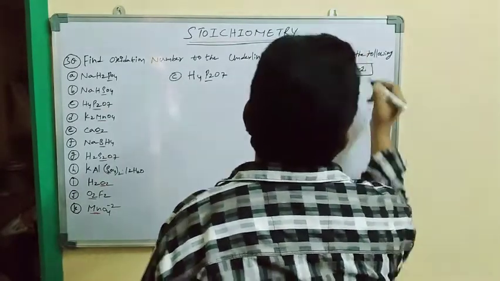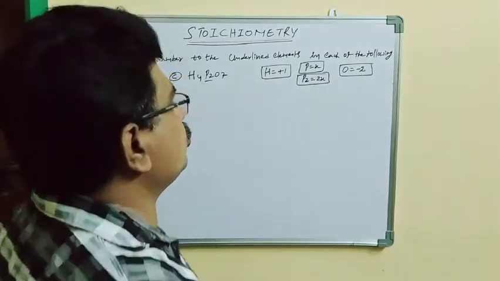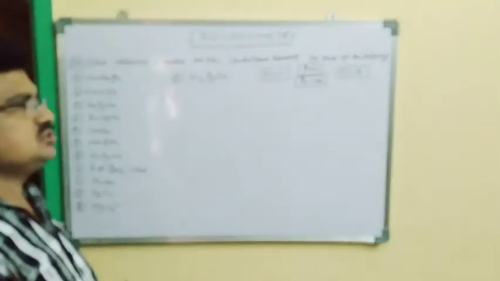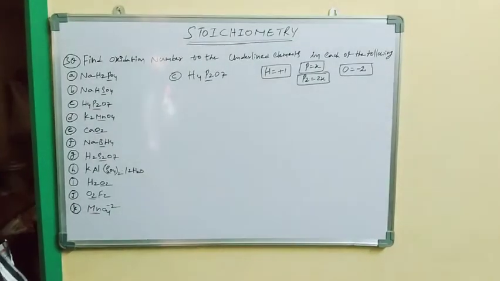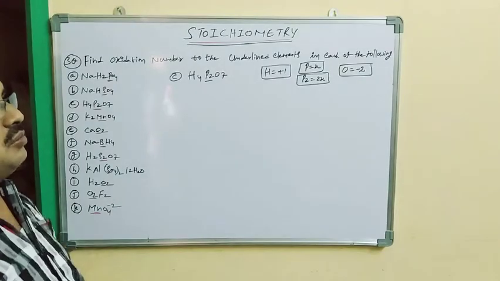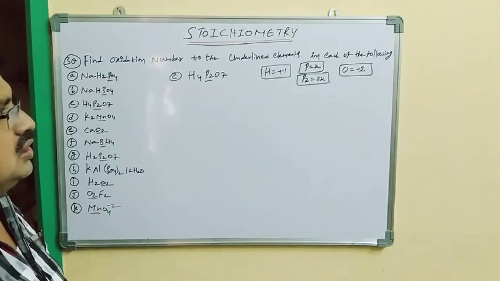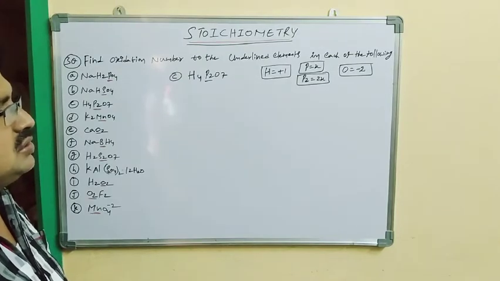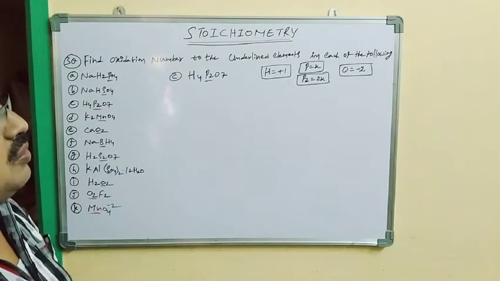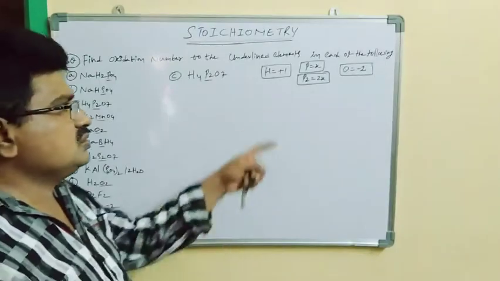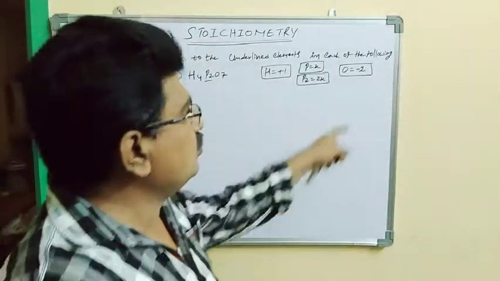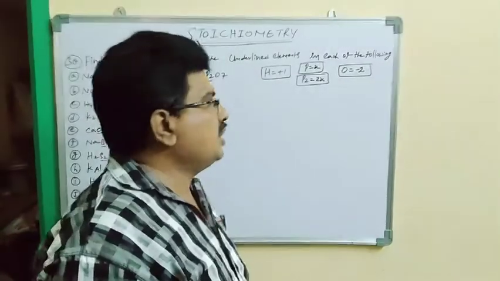Oxygen is a sixth group element, a non-metal near the inert gases. From the eighth group we subtract the sixth group: 8 minus 6 is 2, a non-metal, so we keep minus 2.